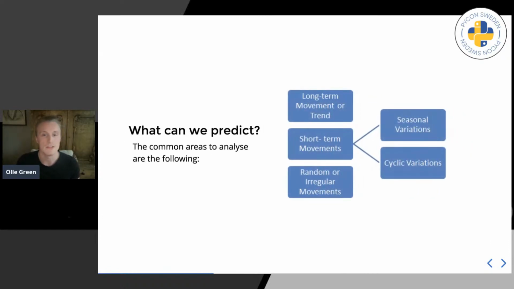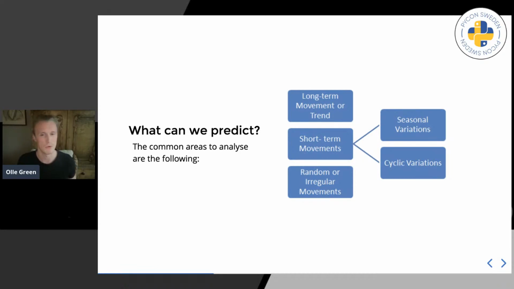One of these ways is to use some statistical methods of analyzing 3 different parameters. These are usually classified as long-term movement or trends. You can say, for example, if a company has 3% annual growth per year for the last 10 years, maybe you can assume that it's going to be approximately 3% growth for the next year as well.